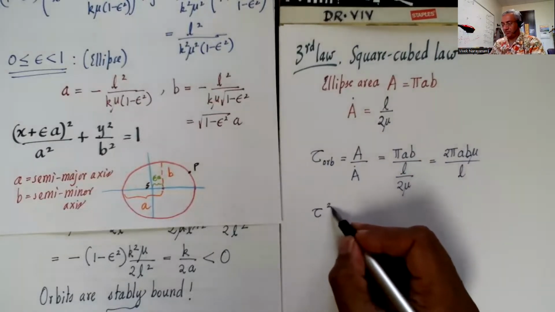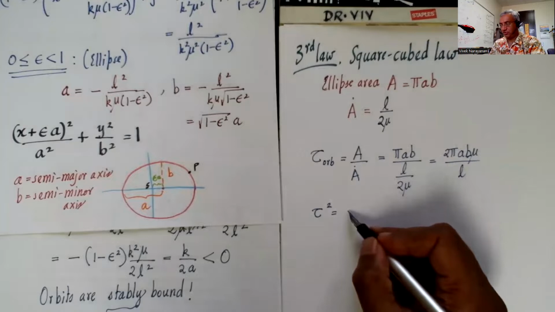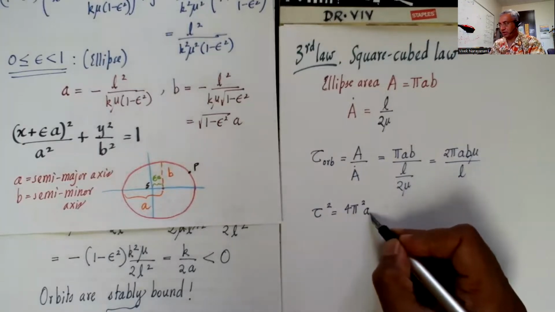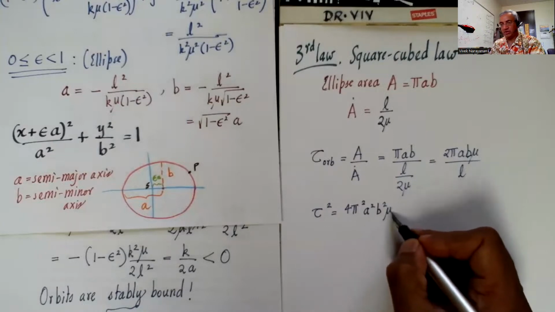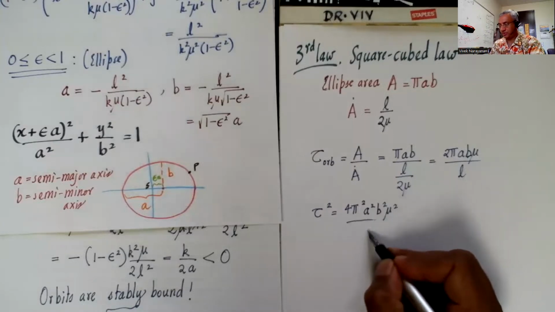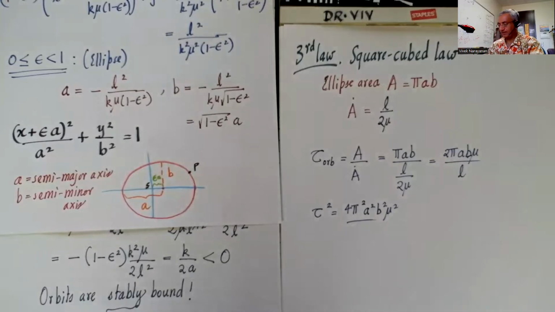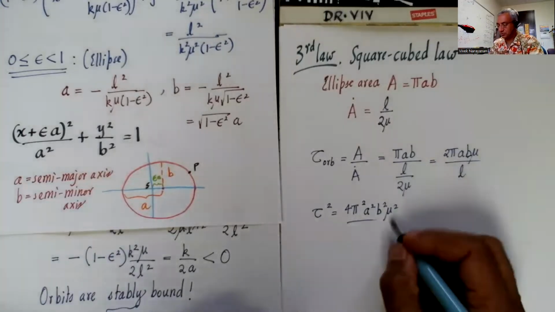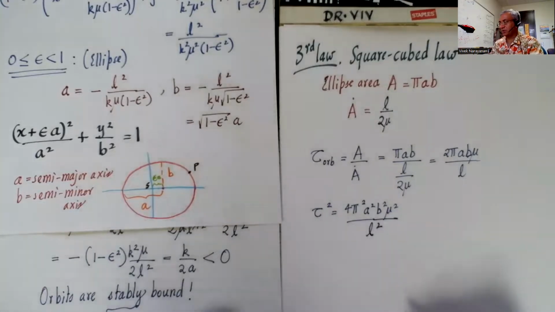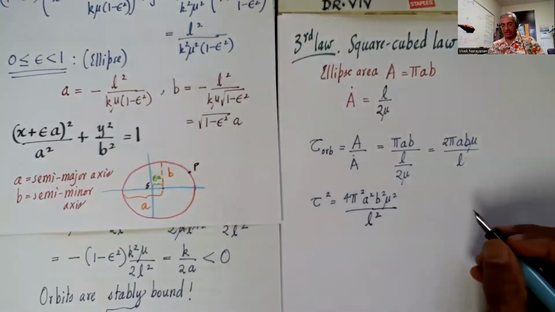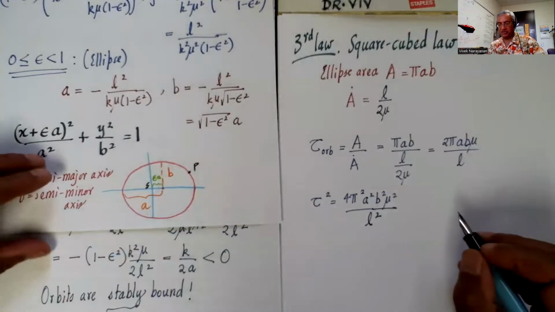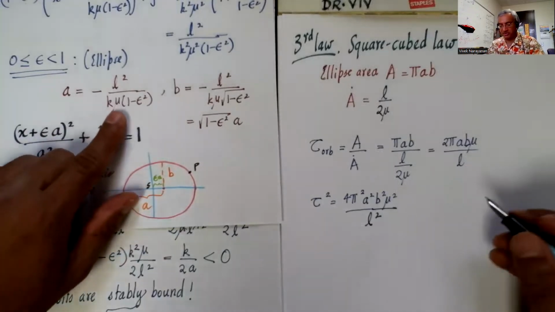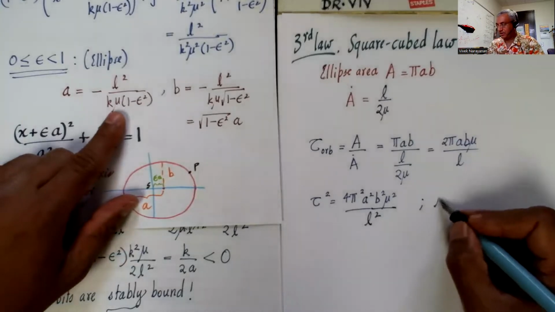Let's do the square of the period because the third law concerns the square. So that's 4 pi squared, A squared, B squared, mu squared over L squared. Now, L squared is actually given in terms of A. It's right here. So let me write that immediately.